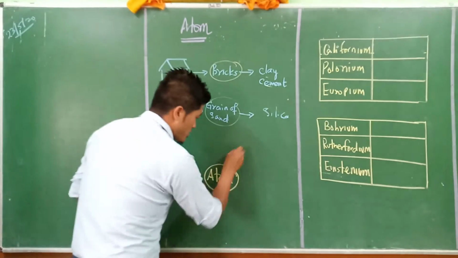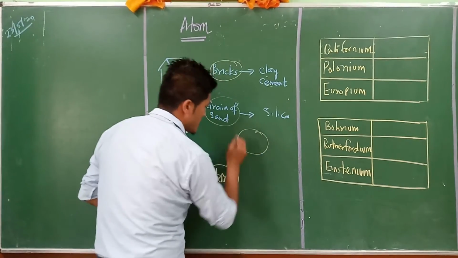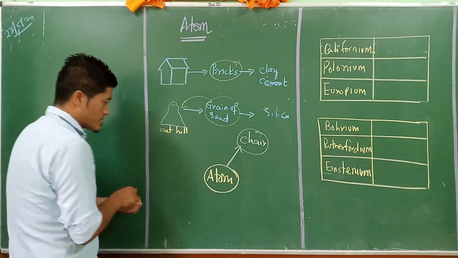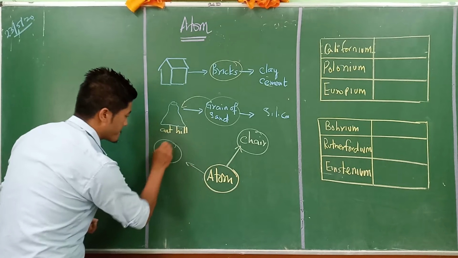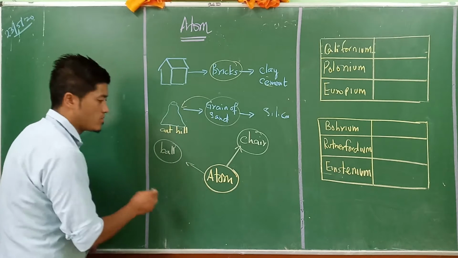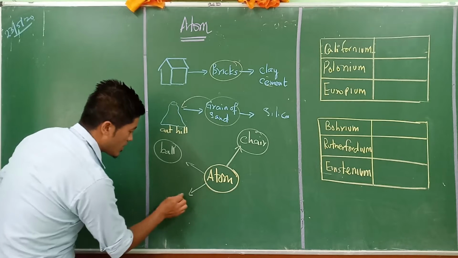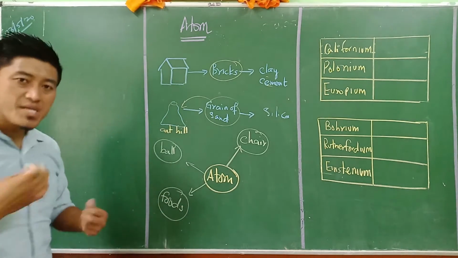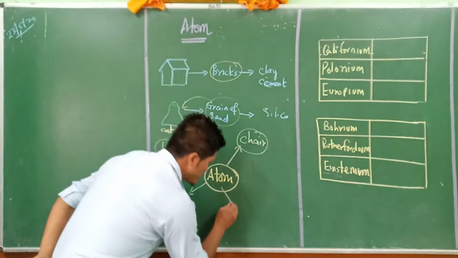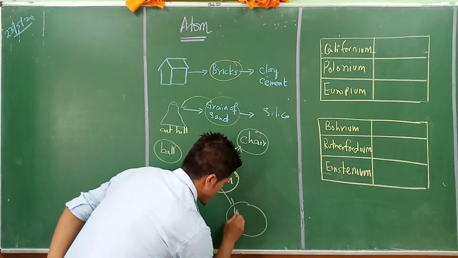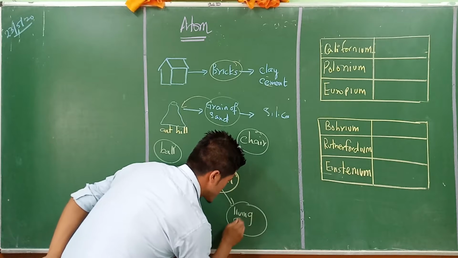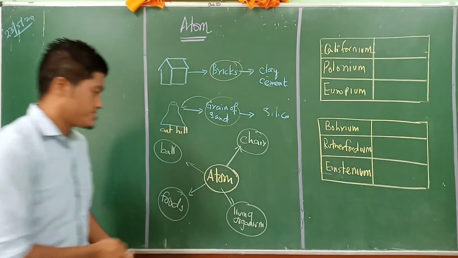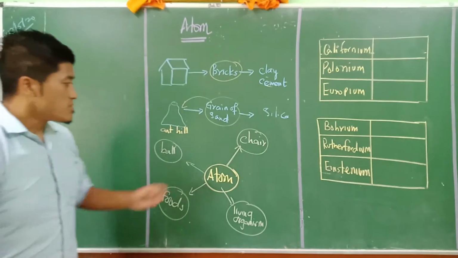For example, let us talk about a chair, then a ball, then foods. There are many kinds of things here, but there is another one, that is living organisms.